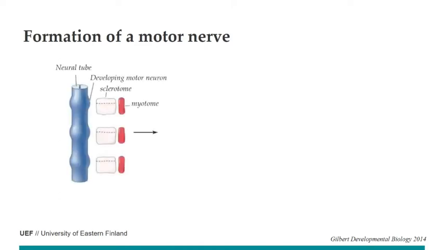The motor neurons start from the neural tube, and beside the neural tube, along the body axis, there are areas where cells are gathered together, these somites, and they are very easy to find in embryos. These somites will form sclerotome and then myotome. The myotomes will form these skeletal muscles.